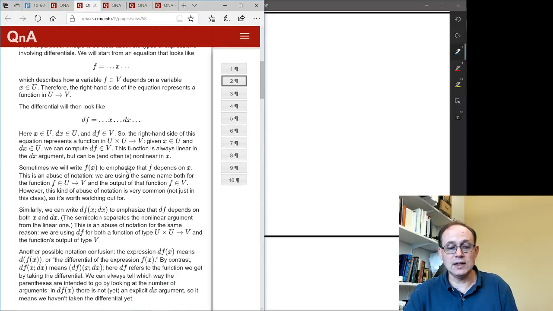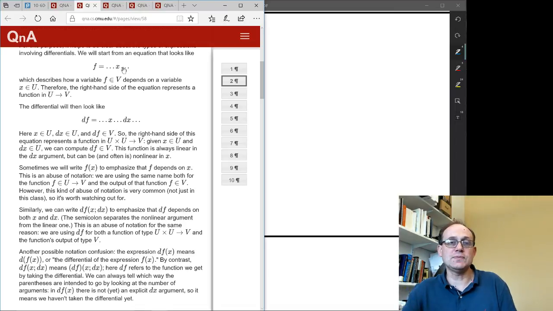We'll use an abusive notation. Sometimes we will write f of x instead of f equals some expression of x. In other words, we'll use f to mean both the function and the output of the function.